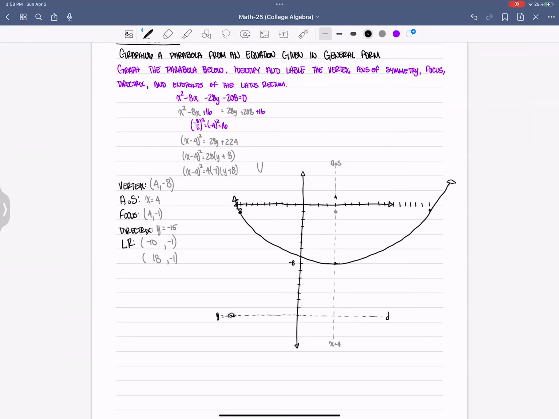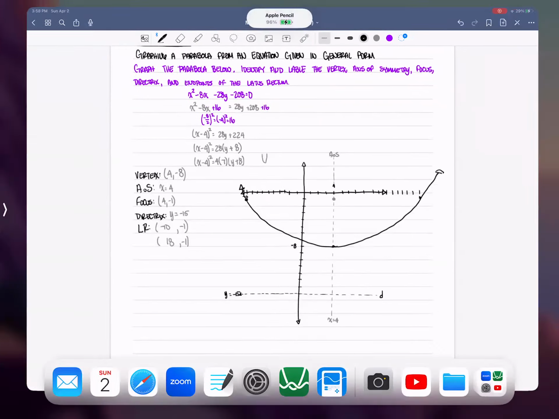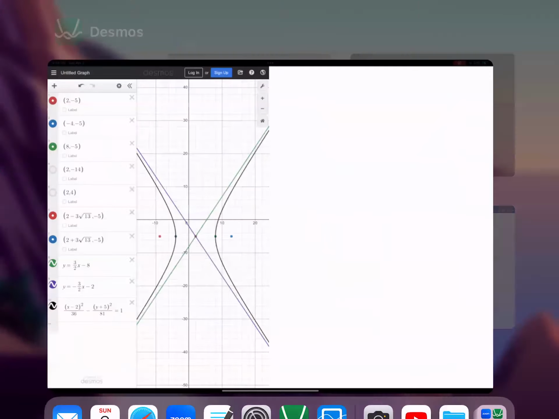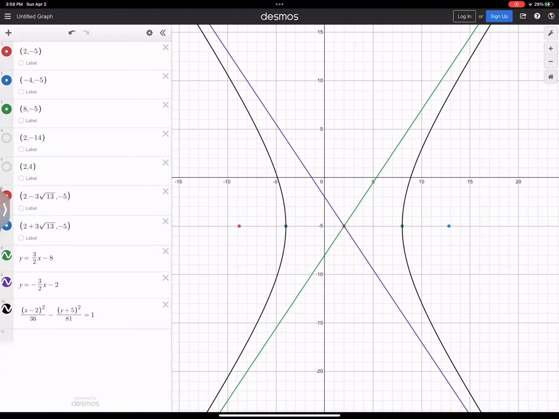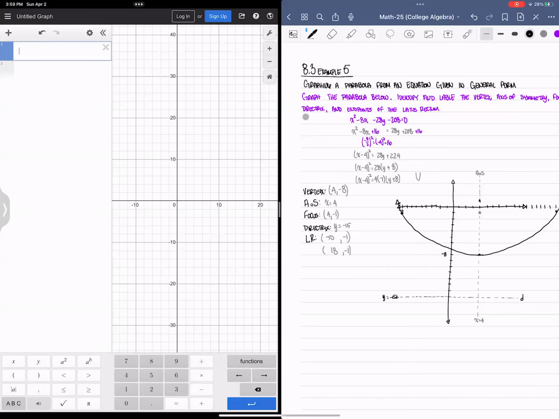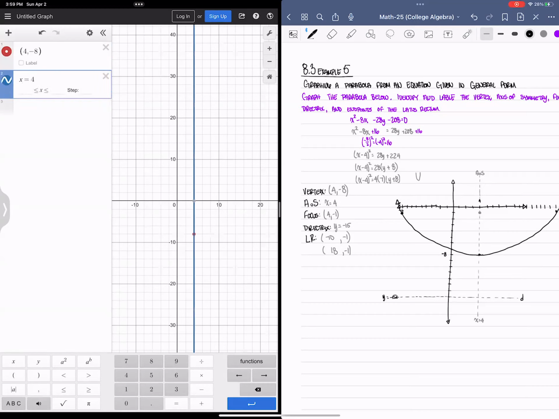And as promised, let's graph it on Desmos. Just a second. All right. So let's start by graphing all of our components. Let's start with the vertex. We have 4, negative 8. We have the axis of symmetry, x equals 4.